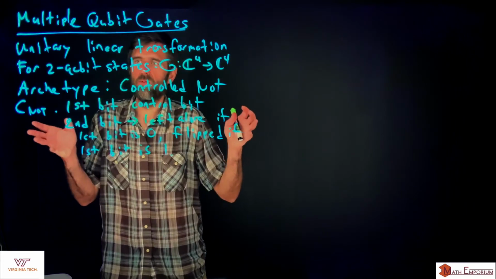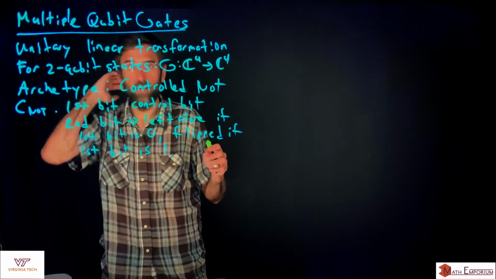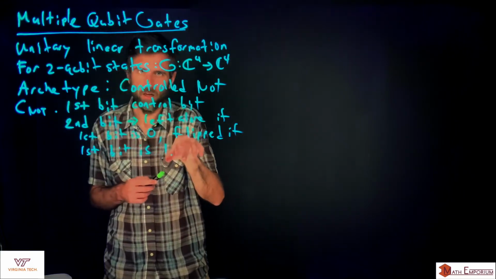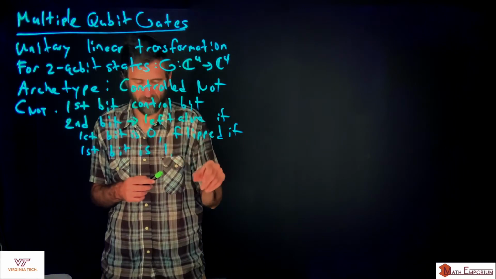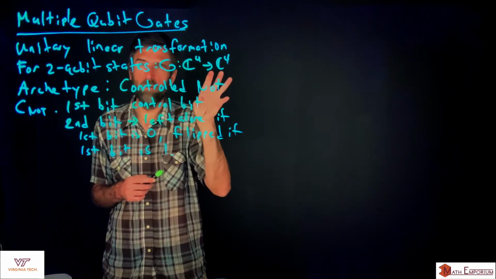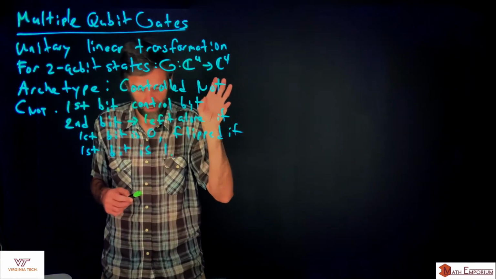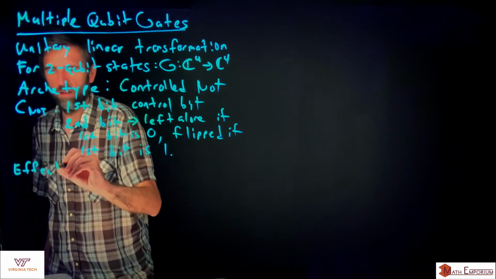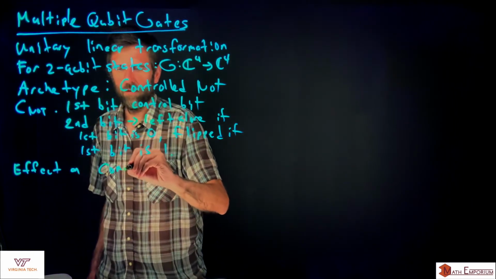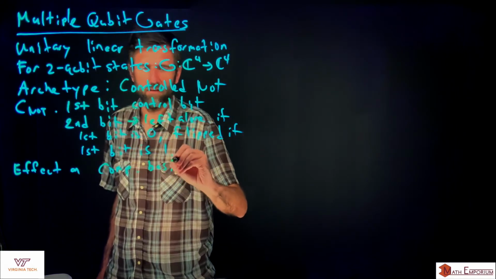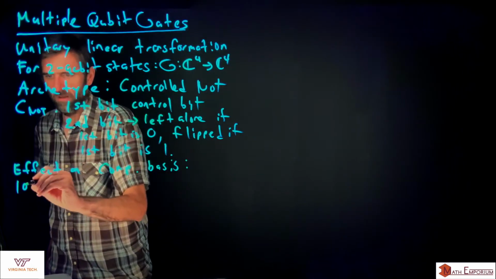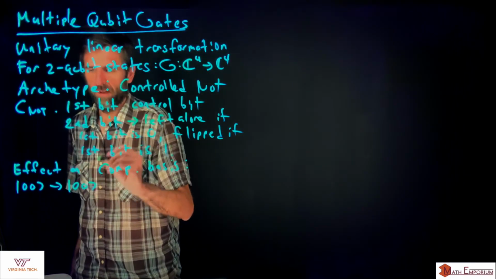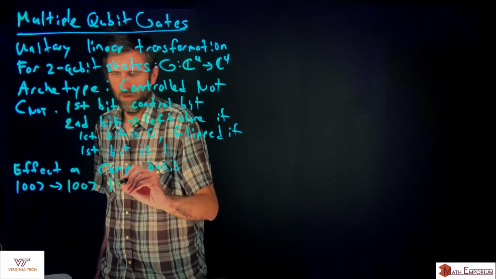But again, we're only allowed these unitary linear transformations. So essentially what we're doing here is specifying the effect on the computational basis. And then what we want to do is write this as a matrix and see whether we really do get a unitary matrix. So the effect on computational basis vectors is to leave 0, 0 alone, because if the first bit is 0, then the second bit is left alone.